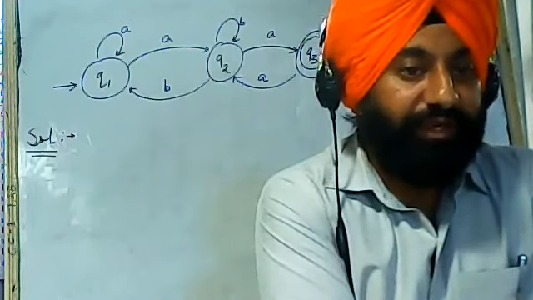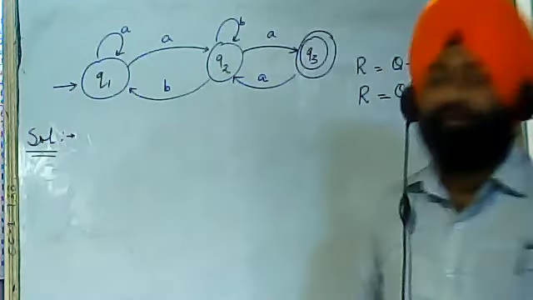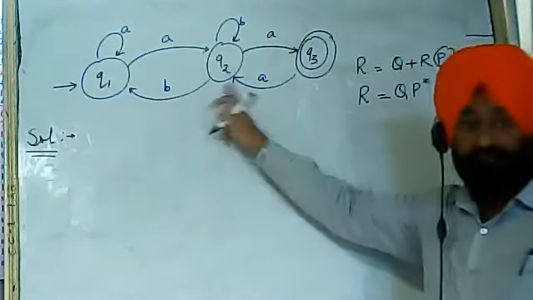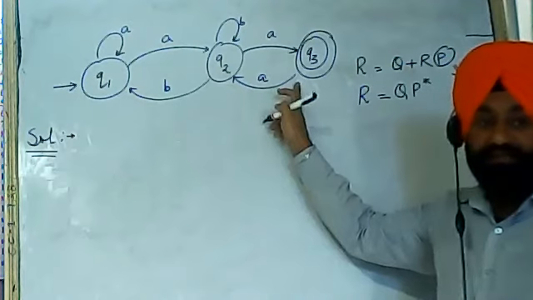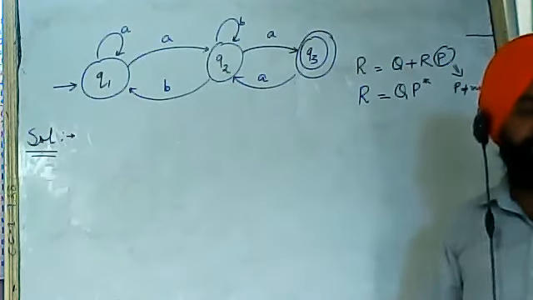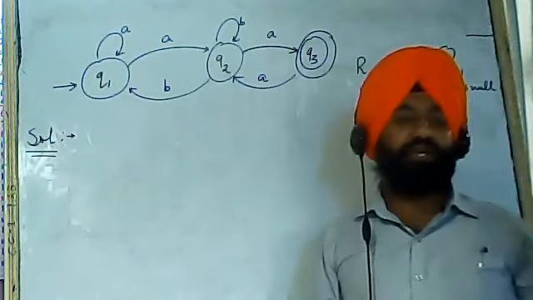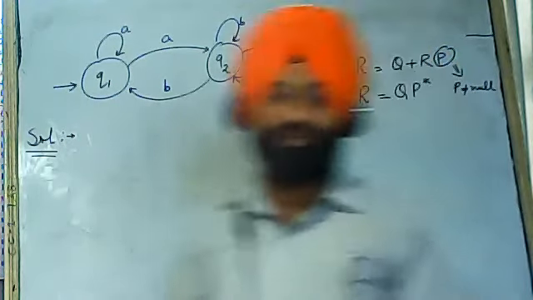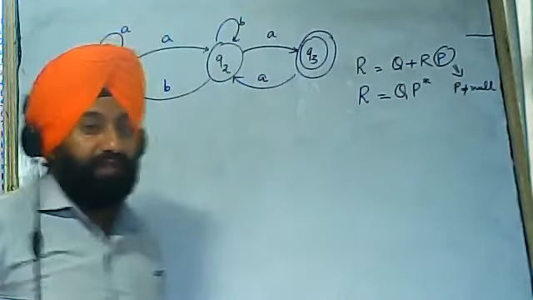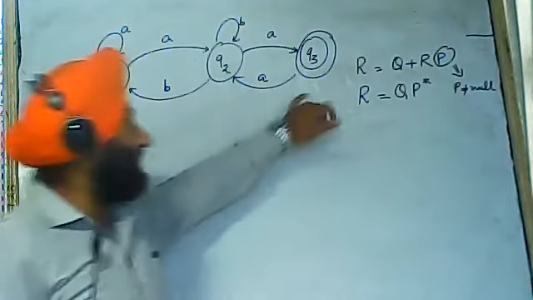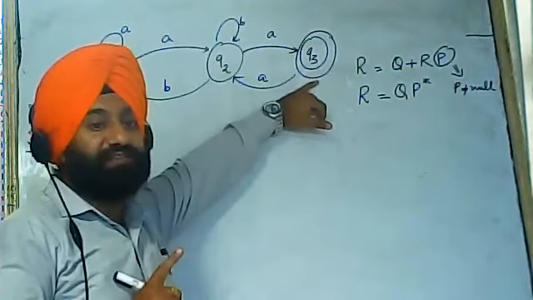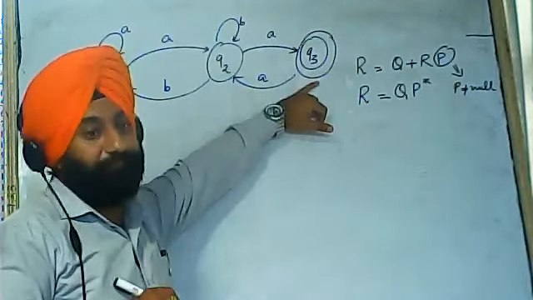Here we have 1, 2 and 3 states, which means you need a minimum of 3 equations, right? And your final expression will be in your final state, that is Q3.